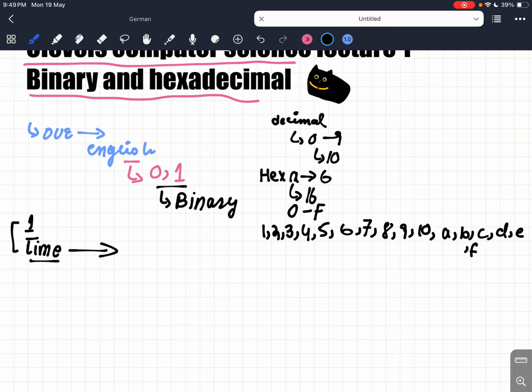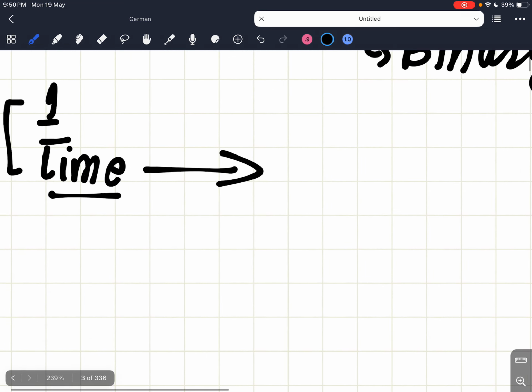Today we are going to learn how to convert decimal into binary, and then we'll also look at hexadecimal. In the binary system, the conversion is easy.